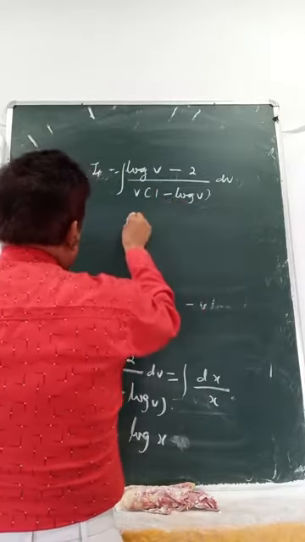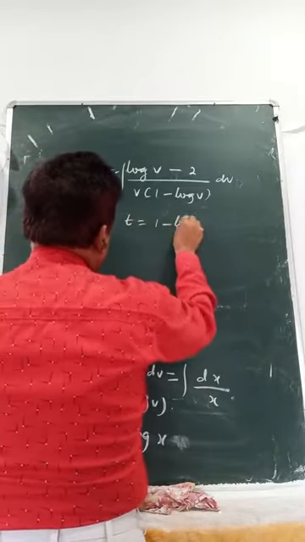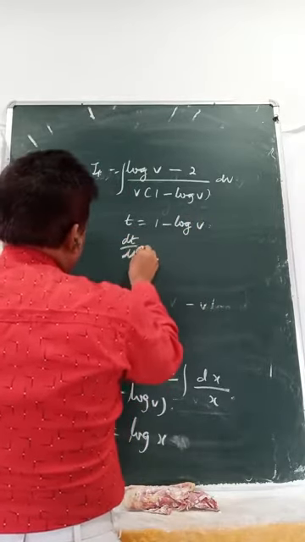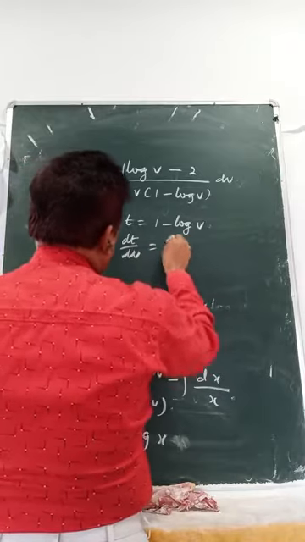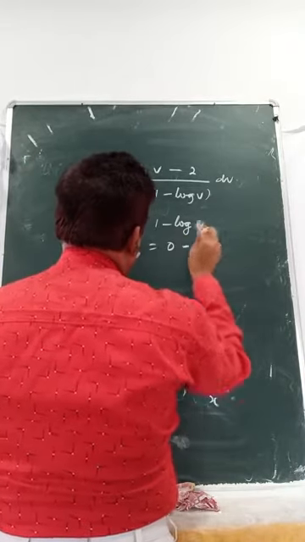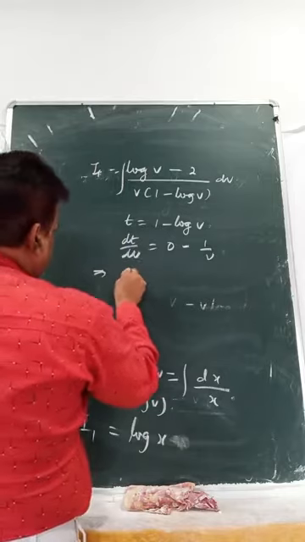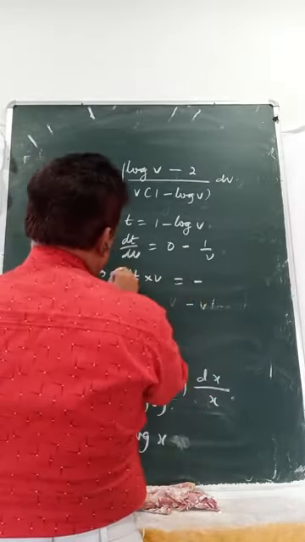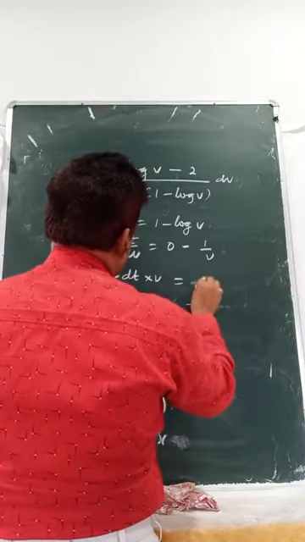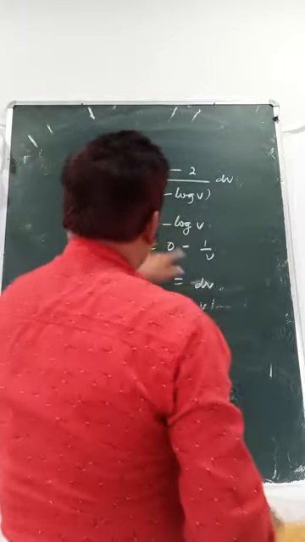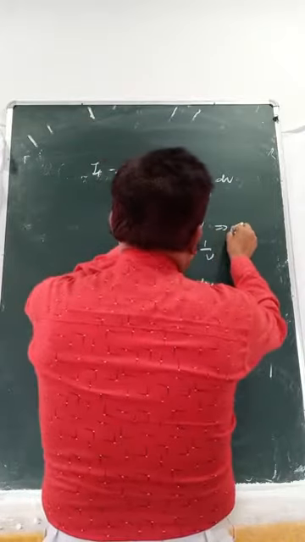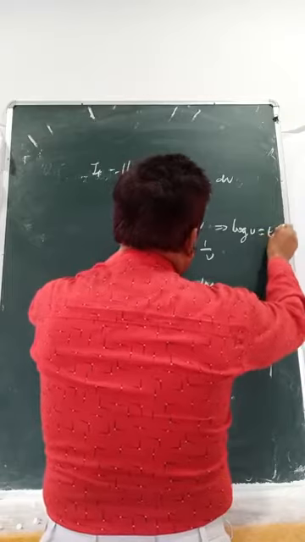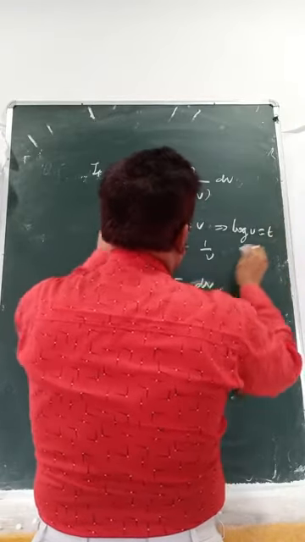So if I take t equals 1 minus log v, dt by dv is 0 minus 1 by v, which implies v dt equals minus dv. From here you can find log v equals, this will go that side, 1 minus t.